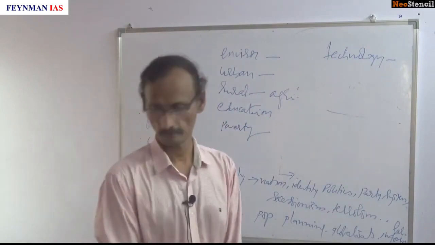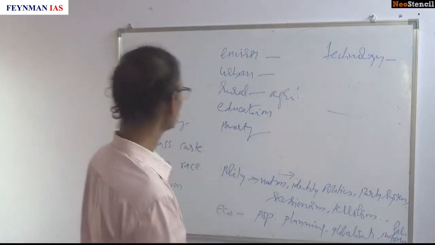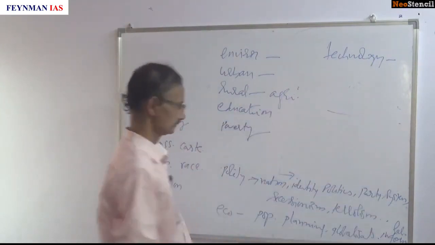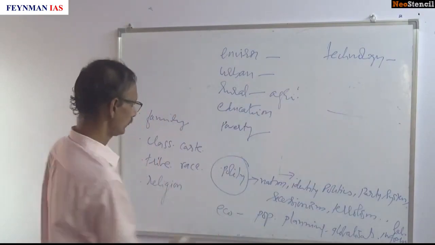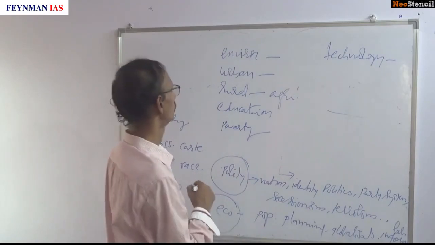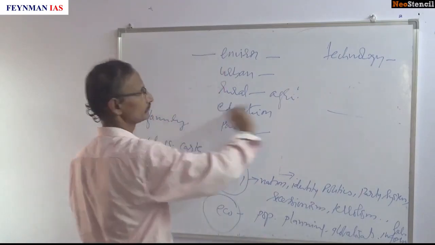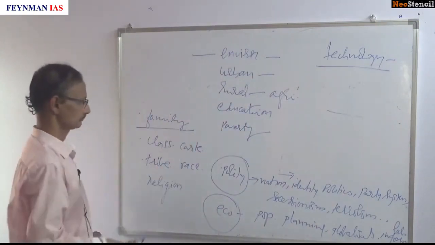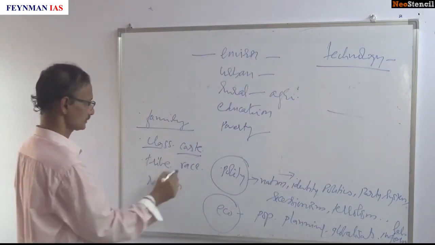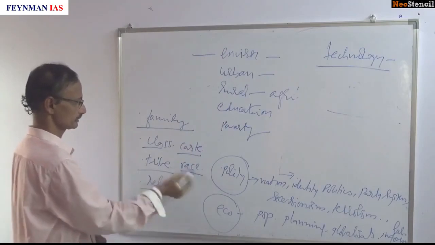So, this is what is meant by all the aspects. Political aspects covered, economic aspects covered, environment, science and technology, family, class, caste, tribe, religion, race.